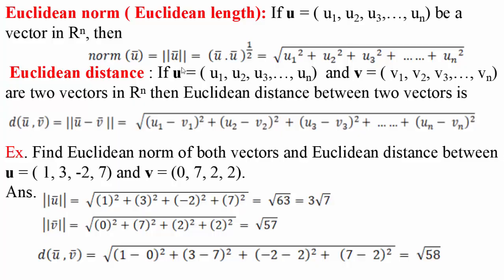And hence distance between u and v becomes square root of 58. Thus we have found norm of u, norm of v, and distance between u and v. To find distance between u and v, use the formula square root of (u1 minus v1) square plus (u2 minus v2) square plus (u3 minus v3) square plus (u4 minus v4) square, and so on.